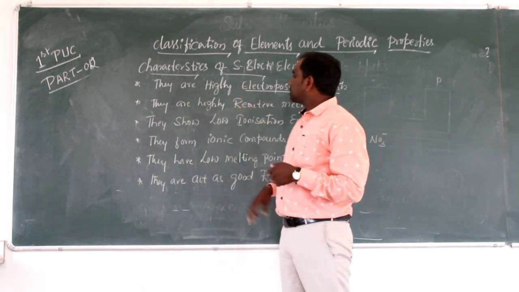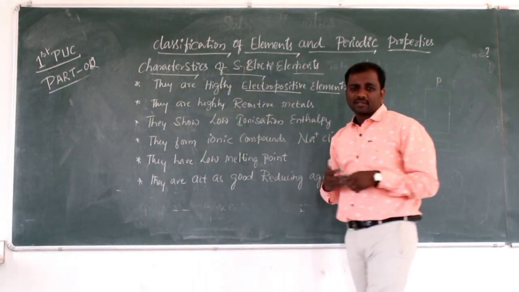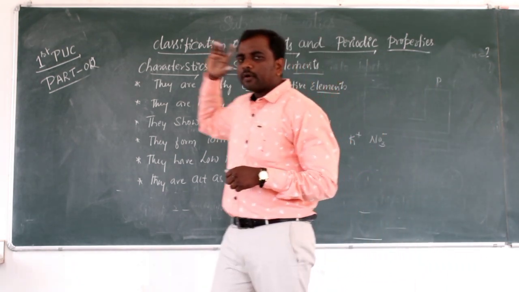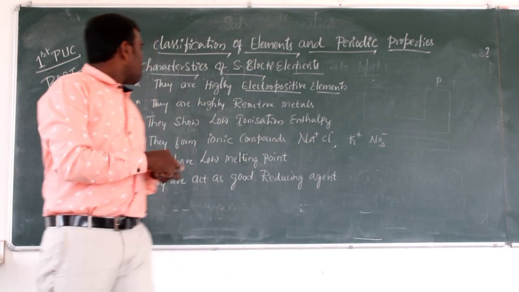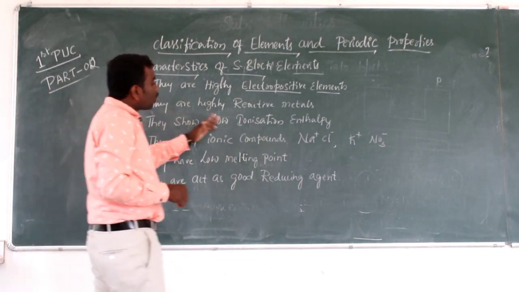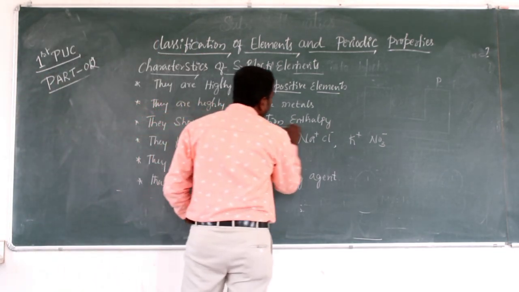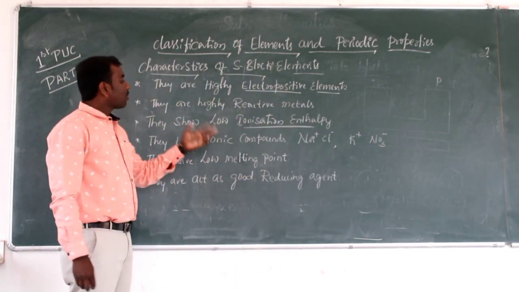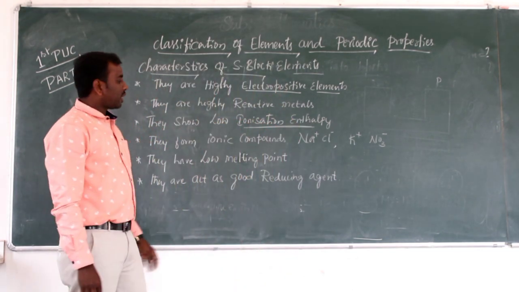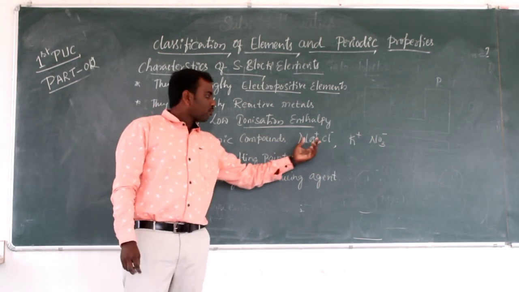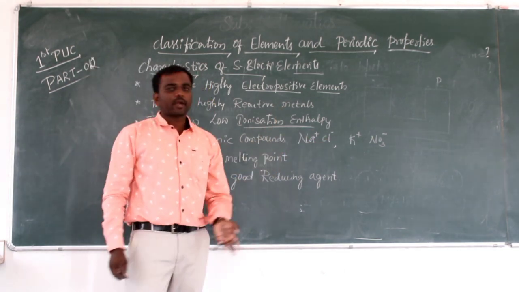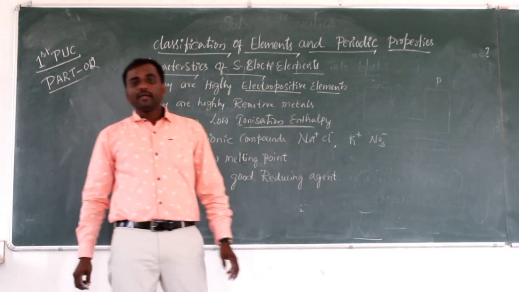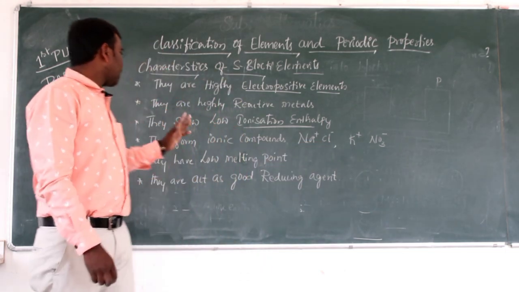And the second one is they are highly reactive metals. ಯಾವುದೇ ಒಂದು ಎಲಿಮೆಂಟ್ ಜೊತೆಗೆ ಕೂಡ ಇದು ರಿಯಾಕ್ಟ್ ಆಗ್ತಕ್ಕಂಥದ್ದು ನೋಡ್ತೀವಿ. Is it clear? And then they show low ionization enthalpy. They form ionic compounds. Okay, for example, sodium chloride and potassium nitrate.